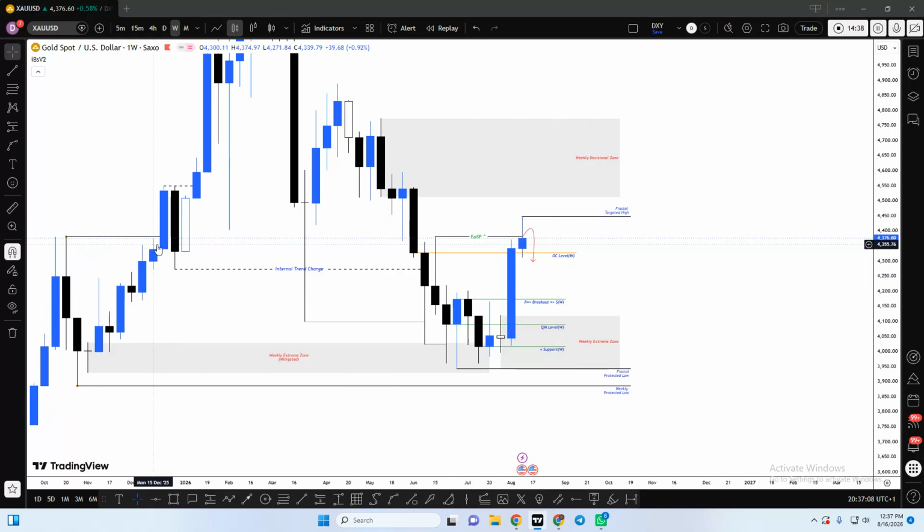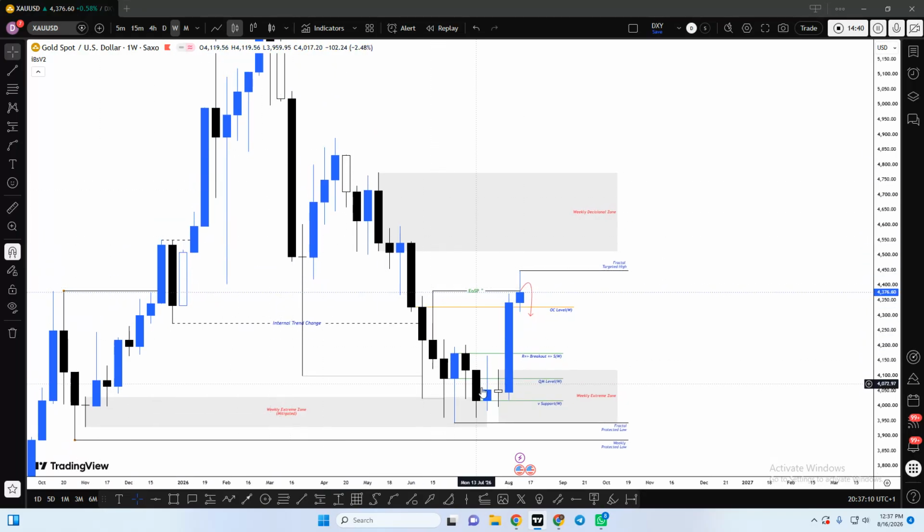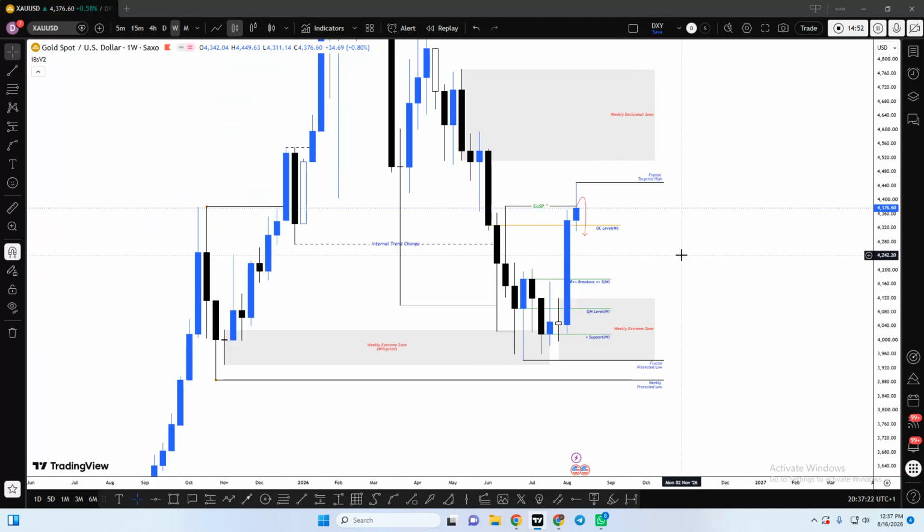This is where it broke structure to the upside. We are in this pullback phase, and the good thing is that gold has started to show us signal that bulls or buyers are coming into the market to defend their positions. All right, so we tapped into this demand zone, and you can see we do have that sustained move to the upside.